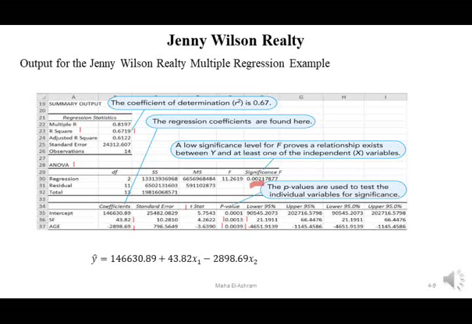In this case, which is the case of multiple regression, H0 is always that the model is not significant, which means that we are assessing the whole model, not every beta, not beta 1 and beta 2.